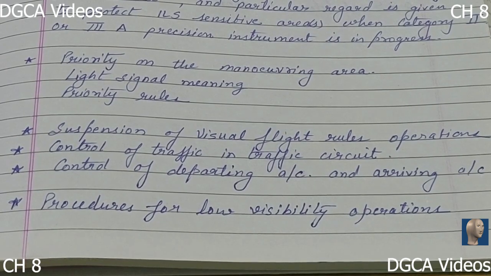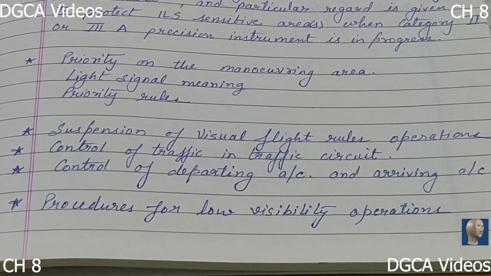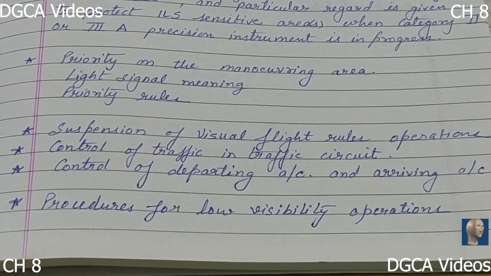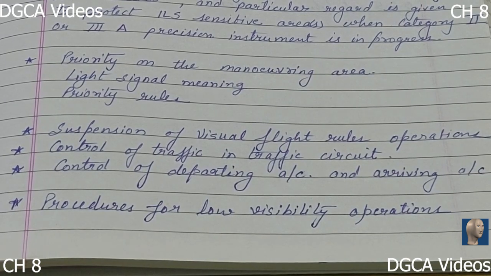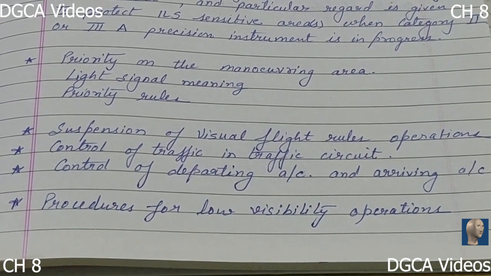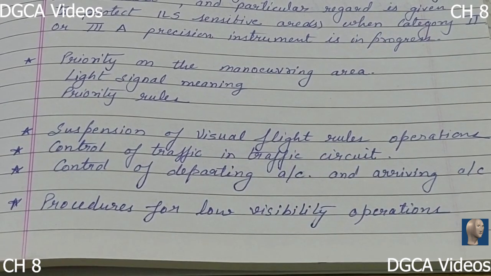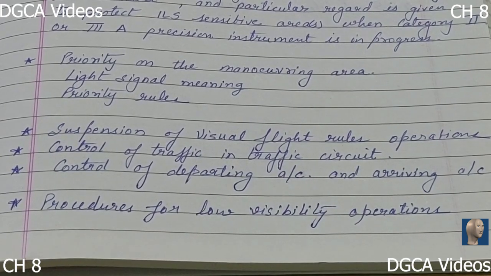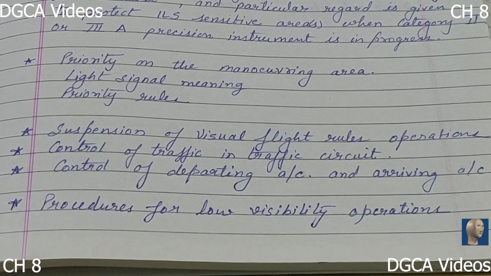Departing aircraft will not normally be permitted to commence takeoff until the preceding departing aircraft has crossed the end of the runway in use, or has started a turn, or until all the preceding landing aircraft are cleared of the runway in use. For the arriving aircraft also, the sequence and separation are provided by the aerodrome control service, and proper clearance has to be provided to land.